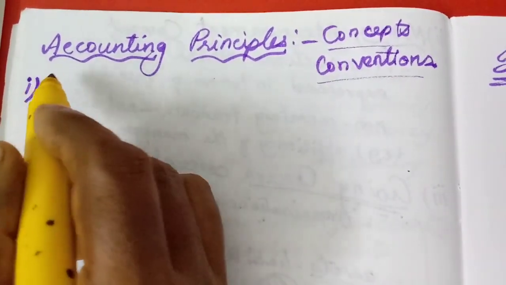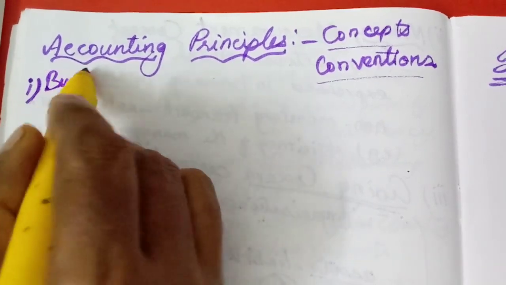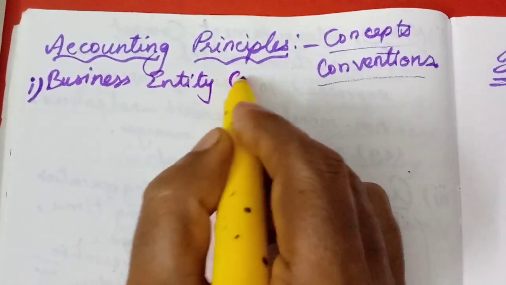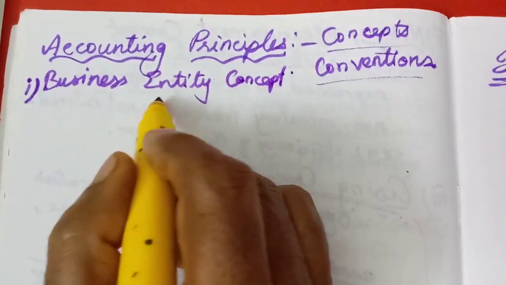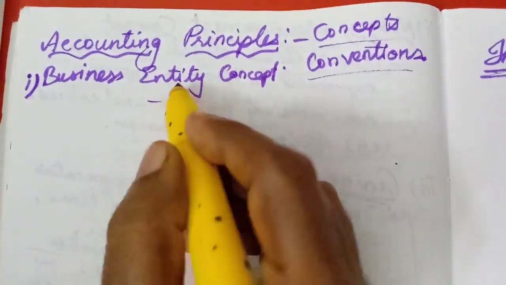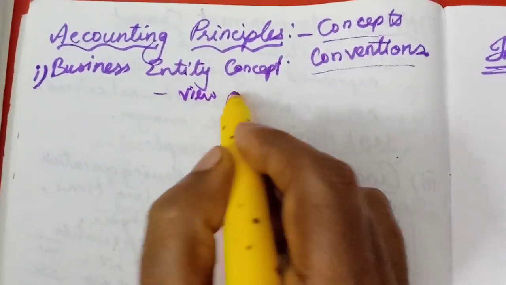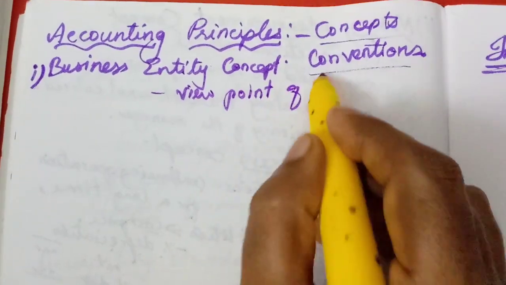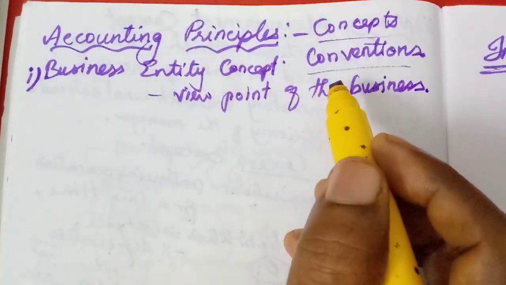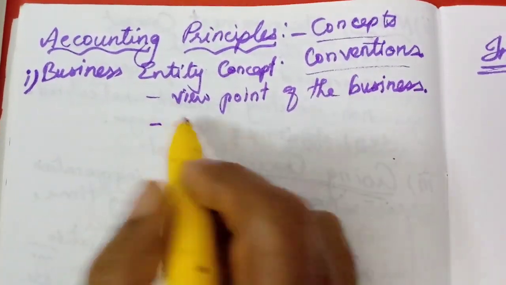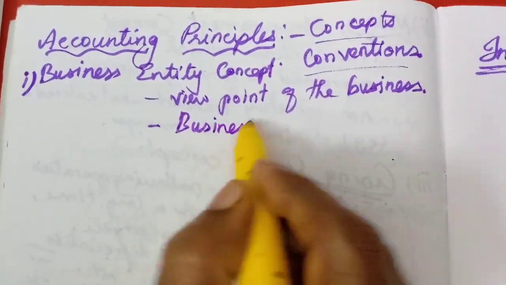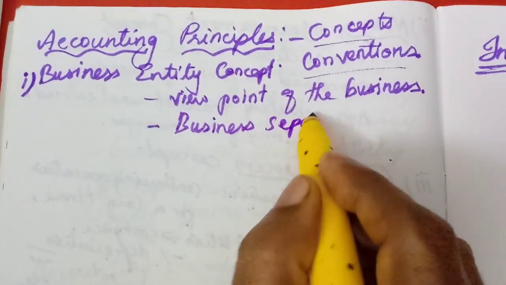The first one is the business entity concept. Here, all the transactions are recorded from the viewpoint of the business, because the business is considered separate from the proprietor.